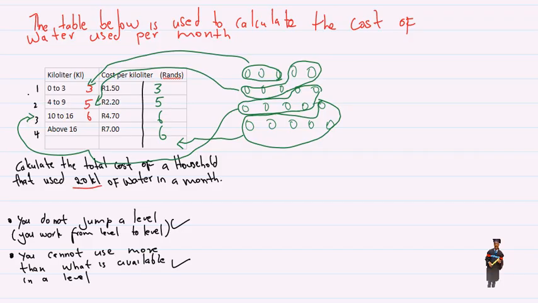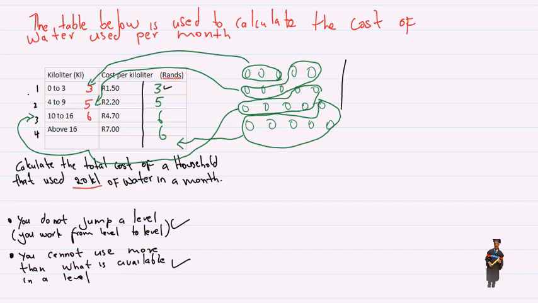You go to a level, you check how many kiloliters you have used in that level. When we look at level 1, I have used 3. And then how much does each kiloliter cost? Each kiloliter costs R1.50. So what is the total cost when there are 3 of them?